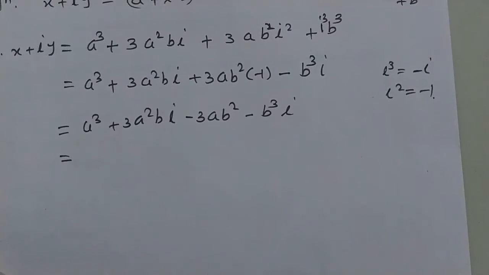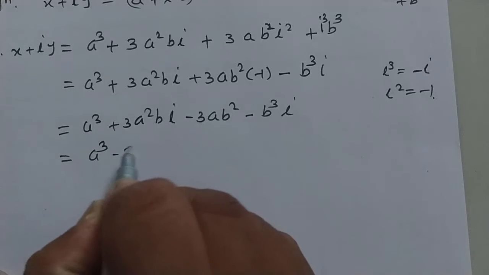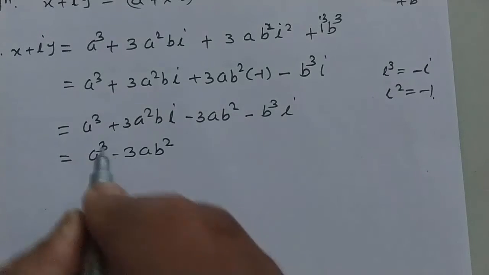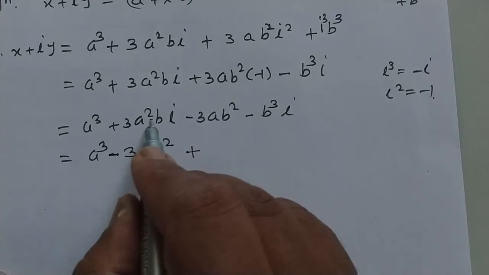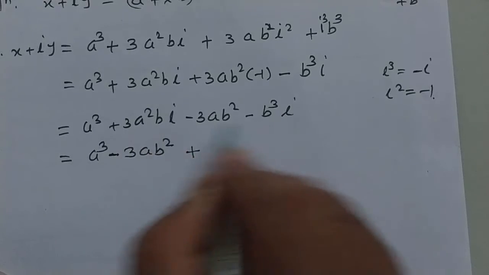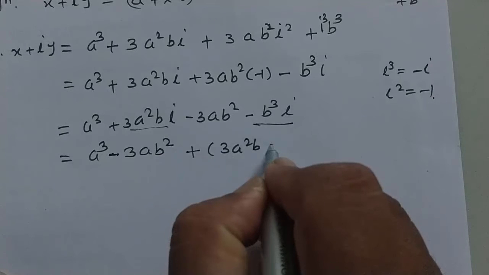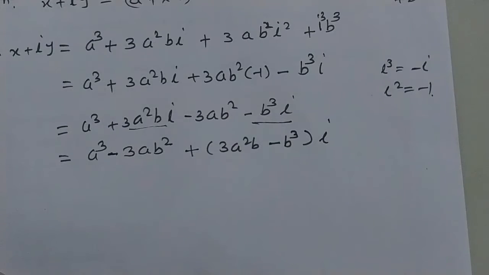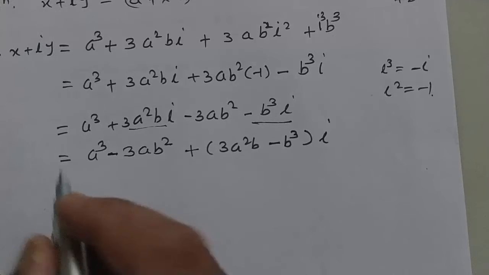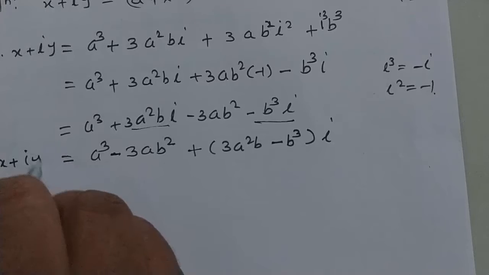Now we collect the terms of the real part. Here a cubed is real, minus 3ab squared. Now collecting the imaginary terms, i is common in these two terms, so it is plus (3a squared b minus b cubed) into i. Now on the LHS it is x plus i into y.